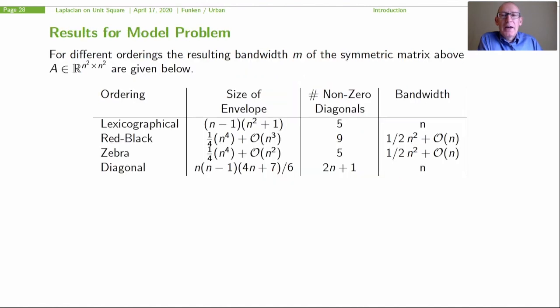Okay. Applied to our model problem, what we will see is that we have only 5 non-zero diagonals for the lexicographical ordering or for the zebra ordering, or even for the red-black ordering; you have a fixed number of non-zero diagonals. The diagonal ordering does not have this nice behavior, it depends on n.